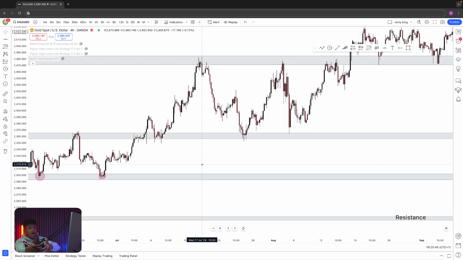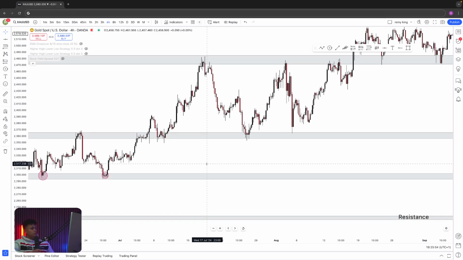And what we need to do now is to identify potential trades based off of what I showed you guys in the previous examples. And for that, we need to go back to the first 3 examples of how to use our support and resistance areas that I showed you at the beginning.